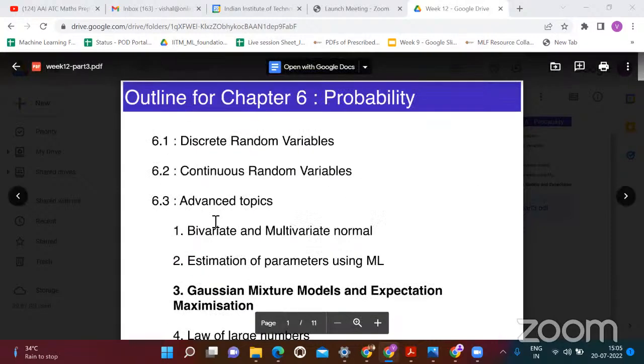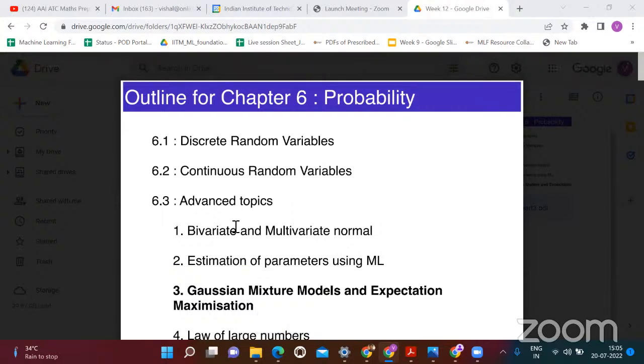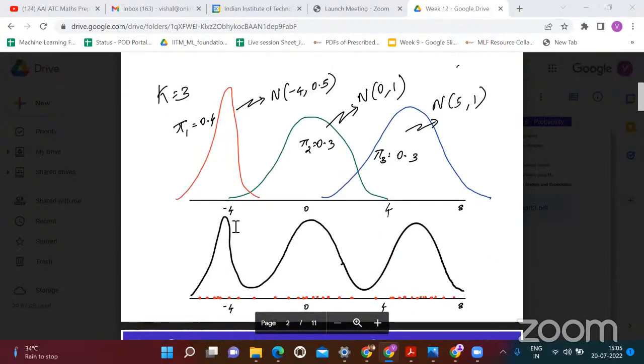Okay, so I'll just go through the third lecture, that is related to the GMM model, the Gaussian mixture model. For example, there can be a data set of students.